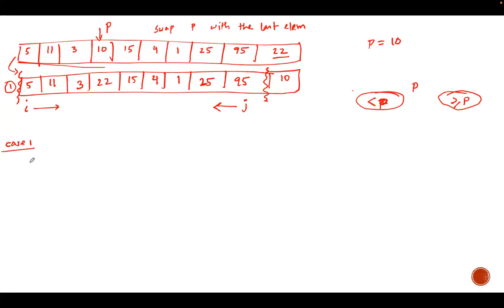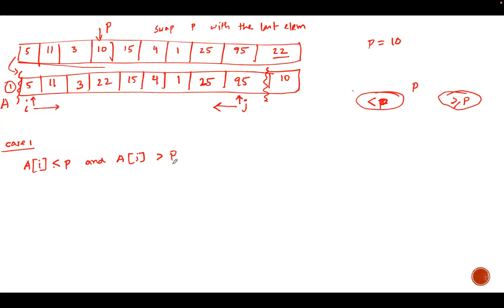Case 1: let's see, this is our array A. A[i] is less than the pivot, and A[j] is greater than the pivot. I starts from here, j starts from here.